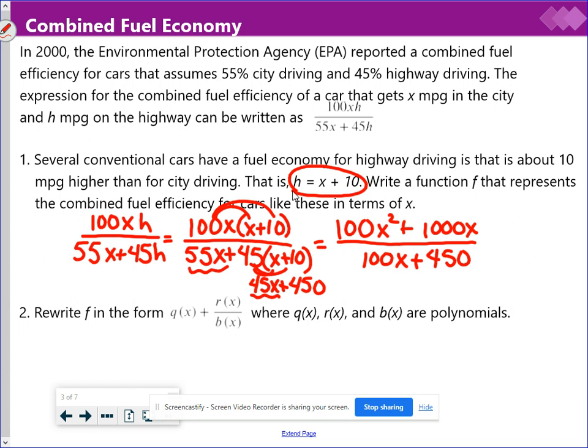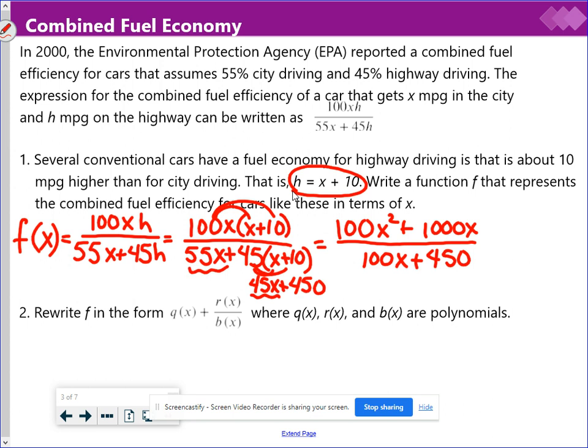I could look at maybe trying to simplify that, maybe divide everything by 10 because everything has a 0 in there, but that's all they really wanted us to do. Then for number 2, write this function, and this is supposed to be function f, so I really probably should have said that this is f of x equals all of that mess.